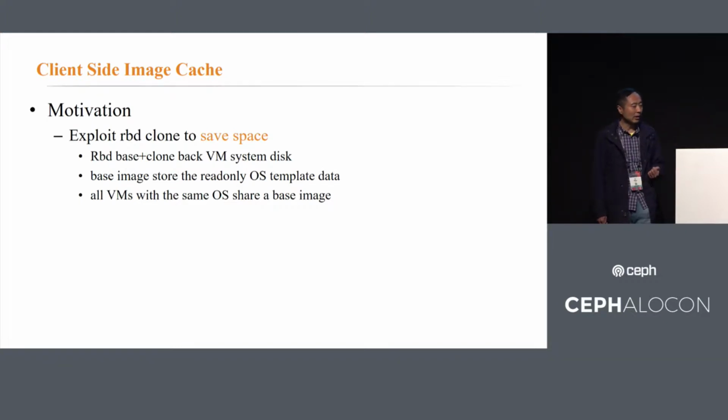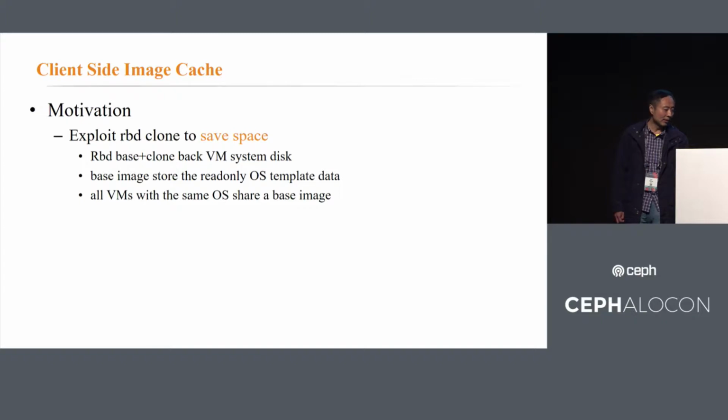So we want to use the RBD base plus clone technology to back the virtual machines' system disks, so that we keep only one copy of the read-only operating system data and save storage space. All the virtual machines sharing the same operating system use only one single base image, but they store their different data into their own clone images.